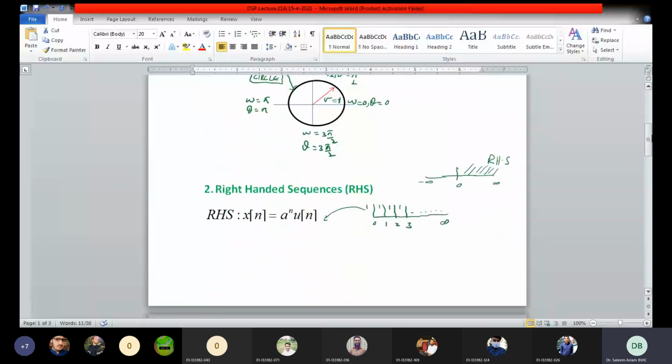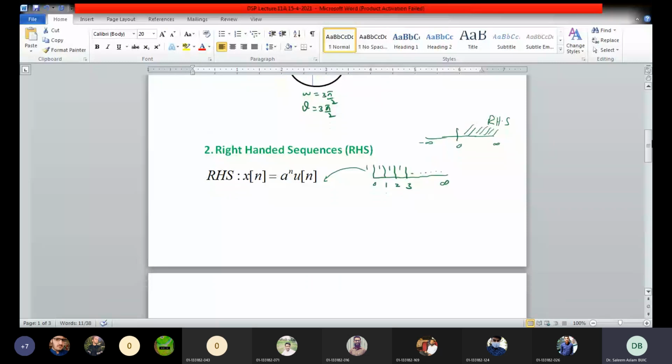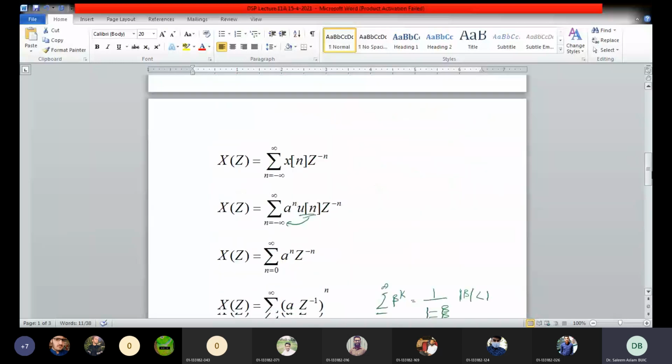Next we started right-handed sequences, and we said why it is called right-handed: if we have an axis from minus infinity to infinity, the sequence lies on the right side of zero. These sequences are represented with the standard form a to the power n times u of n.